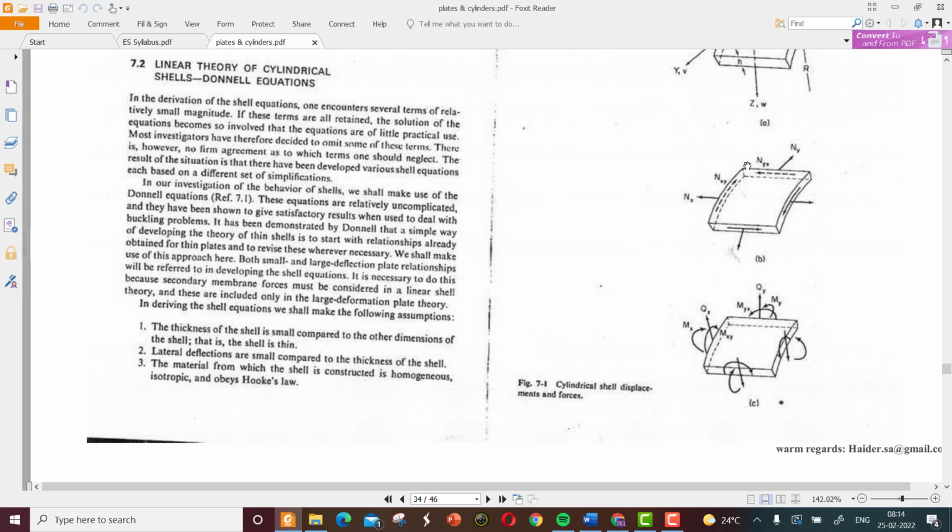You can see the axial forces and shear forces in figure B, and the moments and shear forces in figure C.